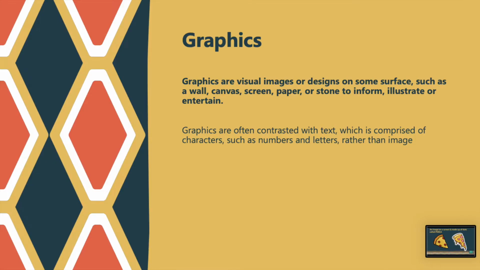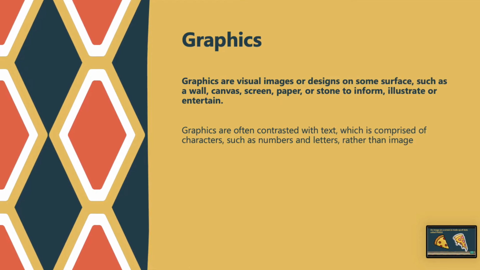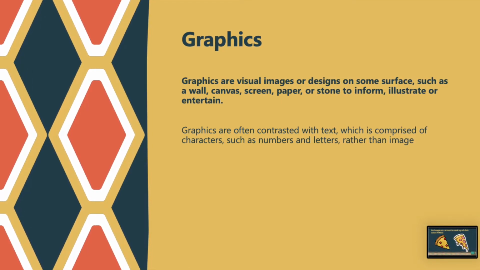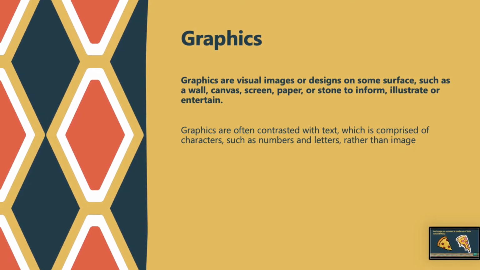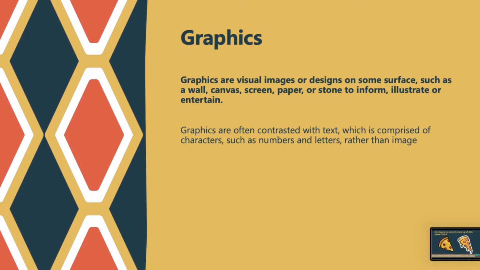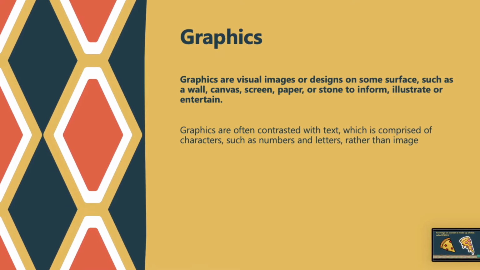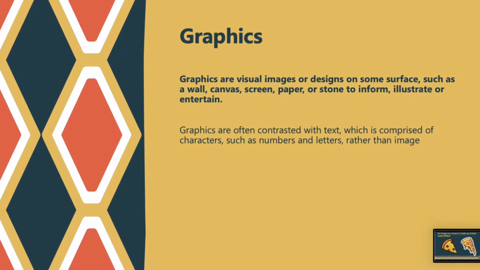So let's now move on to graphics. Graphics are visual images or designs on some surface such as a wall, canvas, screen, paper, or stone to inform, illustrate, or entertain.